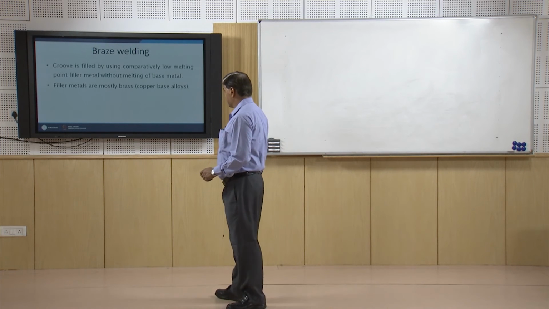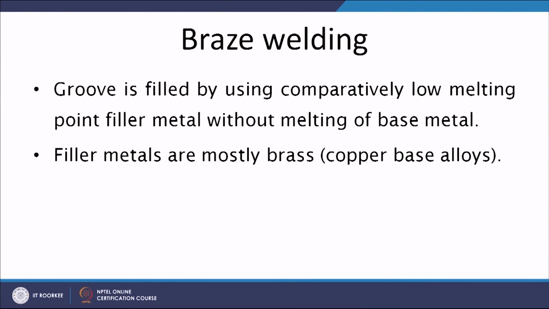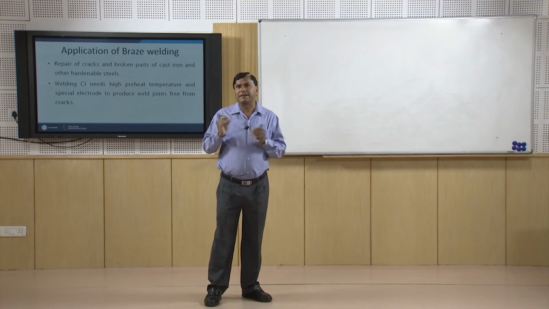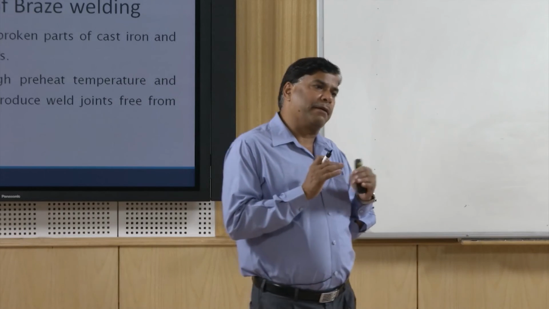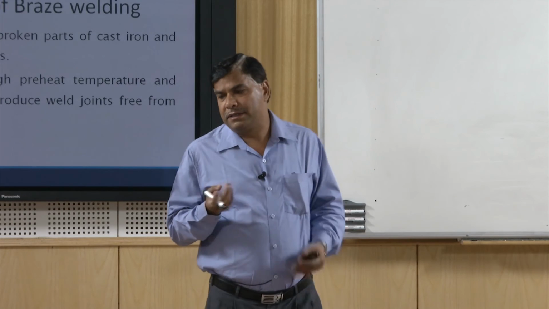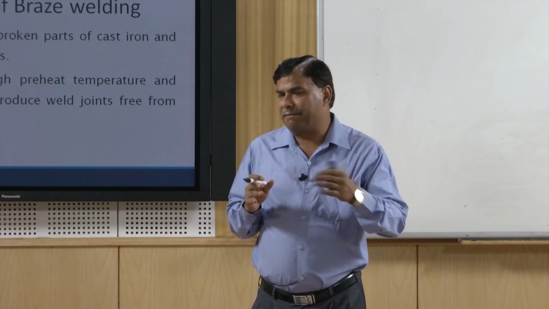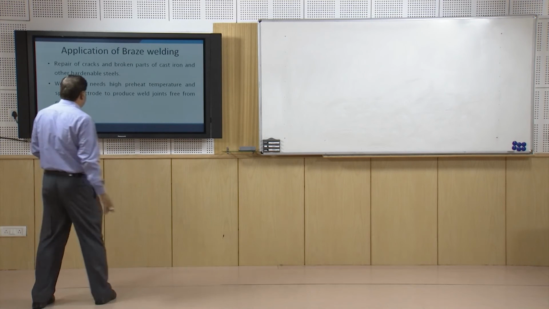So, in this case, first the groove is filled using a comparatively low melting point filler without melting the base metal, and fillers are mostly brass, that is the copper base alloy. Braze welding is primarily used for joining very difficult to weld metals like cast iron or high carbon steels, or also for repair of cracks, because the brass offers reasonably good strength, and if cracks have developed, it can easily repair them for different functional purposes.